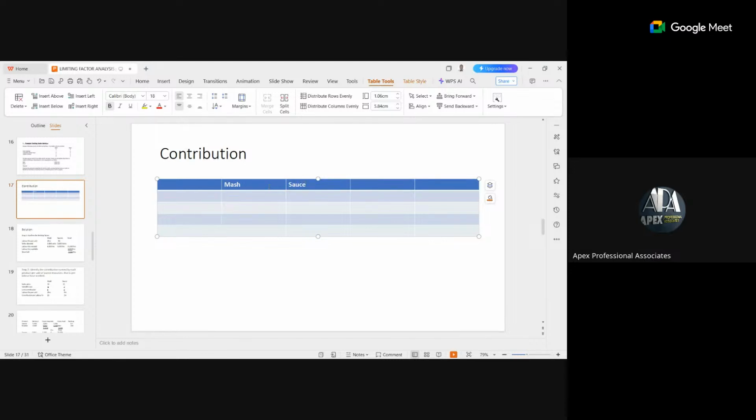Now, the sales price for mesh is what? $14.